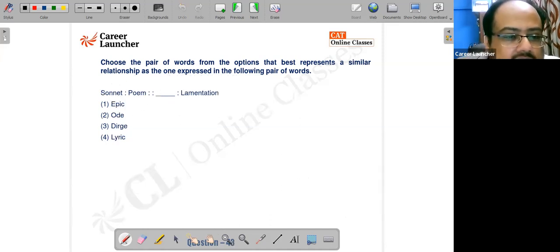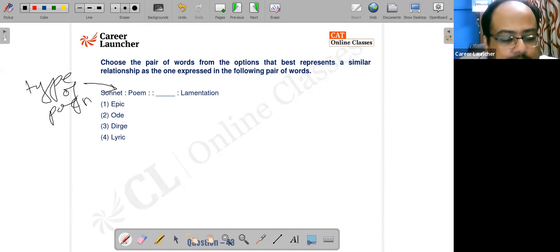Sonnet. A sonnet is a type of poem. It's a specific kind of poem. If I'm not wrong, it is a poem with 14 lines. Lamentation. What is lamentation? Someone libertine is someone whose intentions are not good. That is libertine.